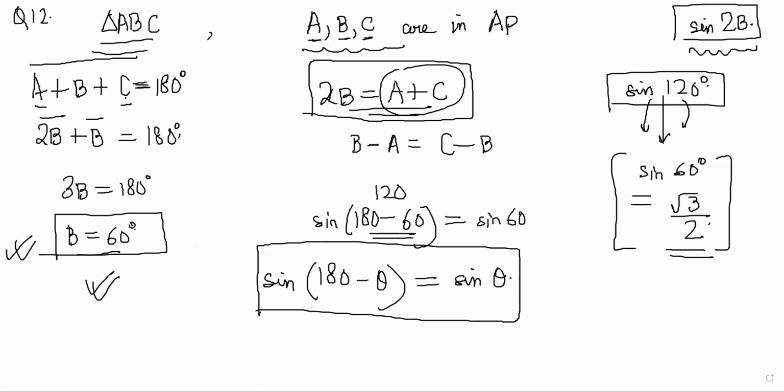Question number 13, you got? No, 13 and 14 I skipped. Okay, so let's do 13 and 14. 13 is: first thing that is given is 1 plus 2 plus 3 till 49 is equal to x.